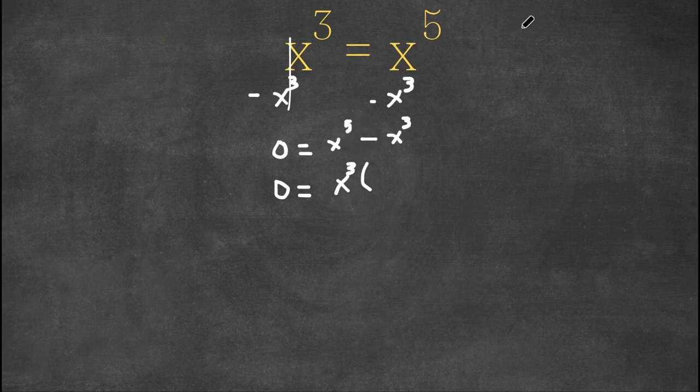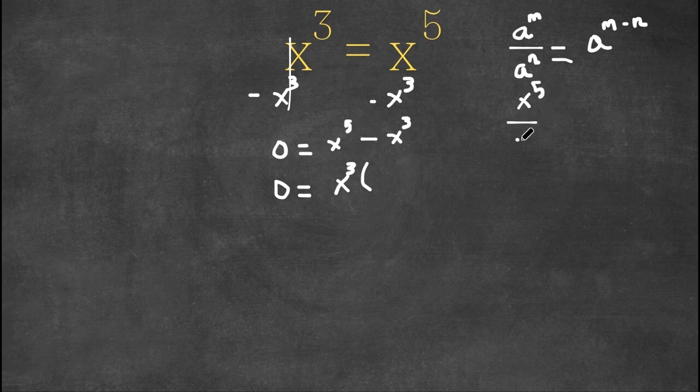An important property of exponents is that a to the power of m over a to the power of n is equal to a to the power of m minus n. So x to the power of 5 divided by x to the power of 3 is equal to x to the power of 5 minus 3, and 5 minus 3 is 2, so this is equal to x squared, or x to the power of 2.